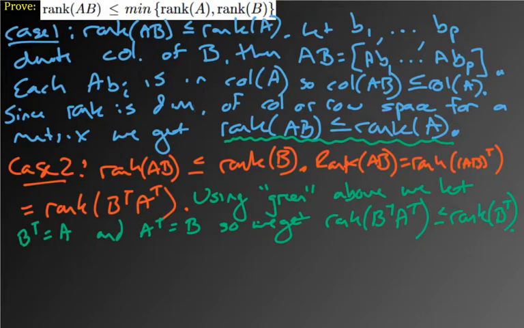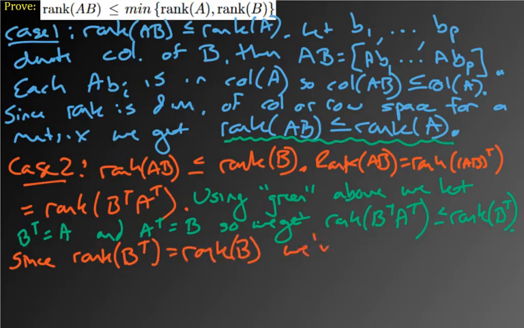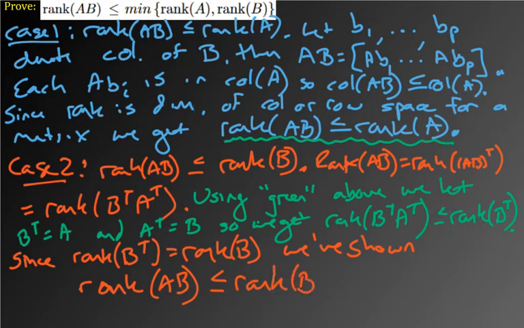Since the rank of B transpose is equal to the rank of B, we've shown that the rank of AB is less than or equal to the rank of B.